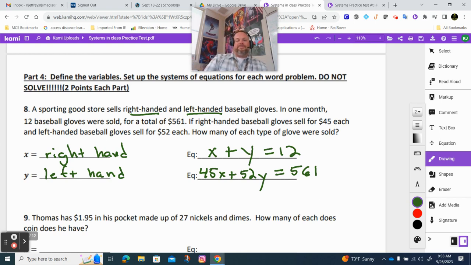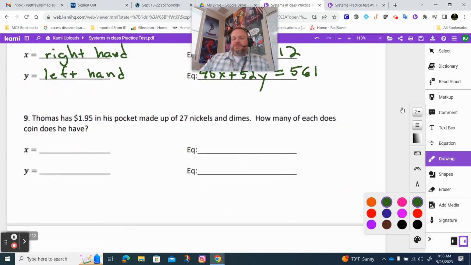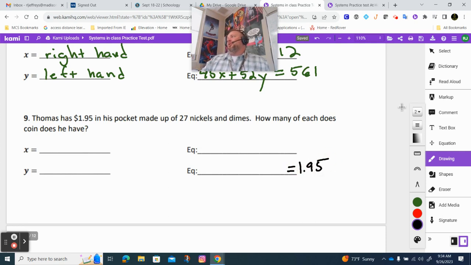All right. Let's check out what Thomas is doing. Thomas has this much in his pockets. If you have $1.95 in coins in your pockets, you kind of jingle when you walk. All right. So together he has 27.